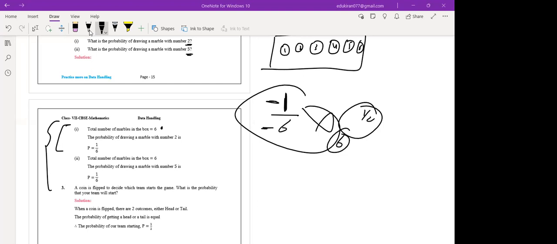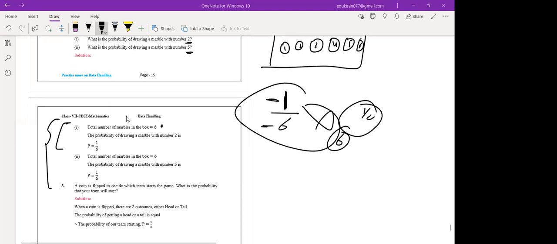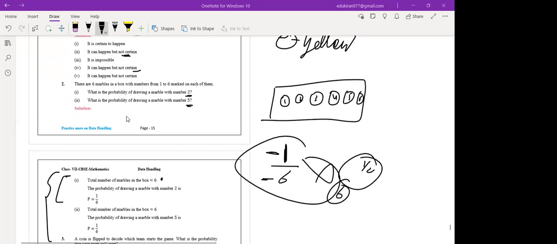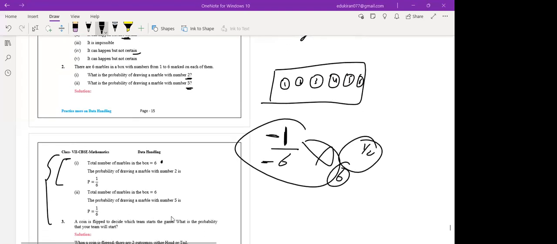Okay, everyone done, right? This is the last question. A coin is flipped to decide which team starts the game.